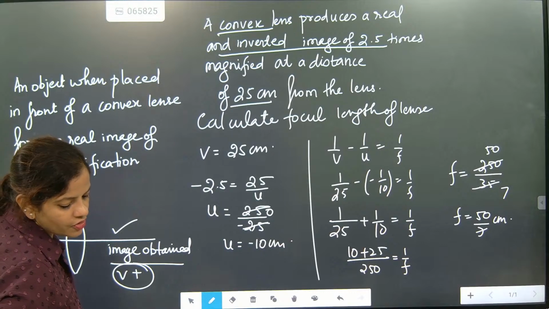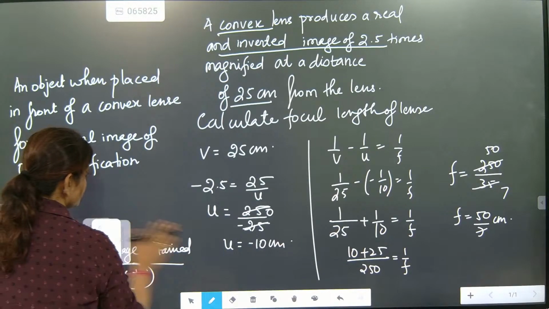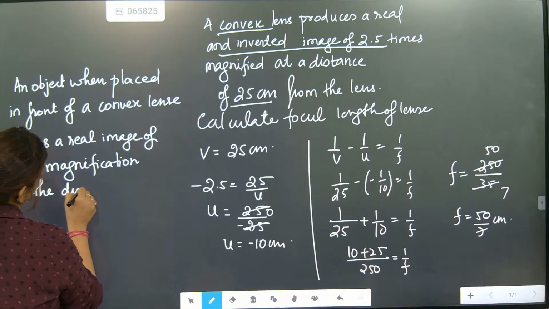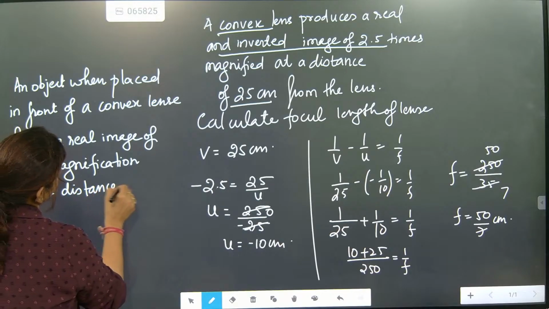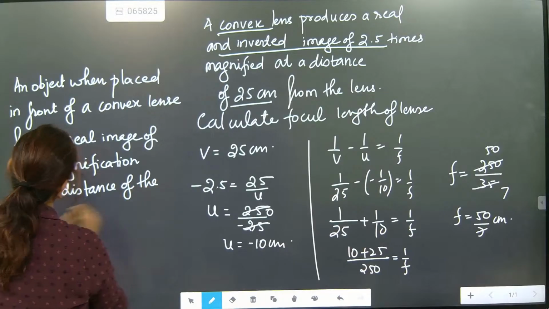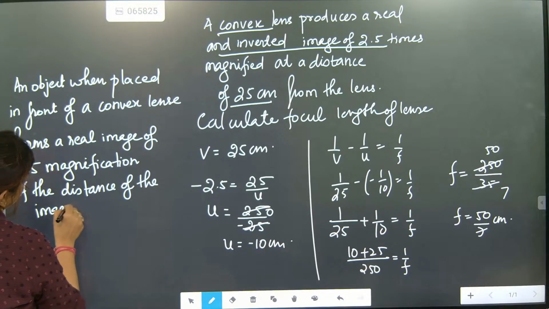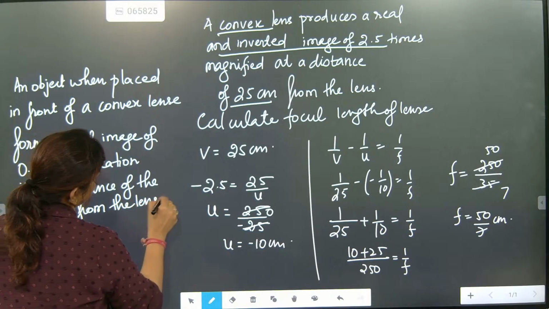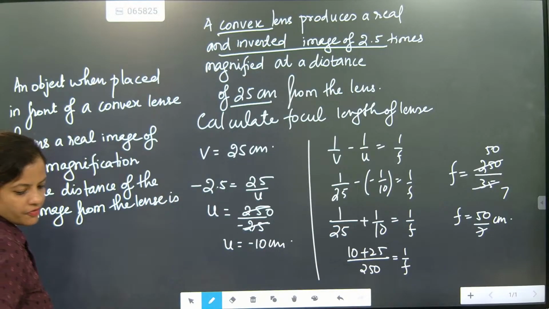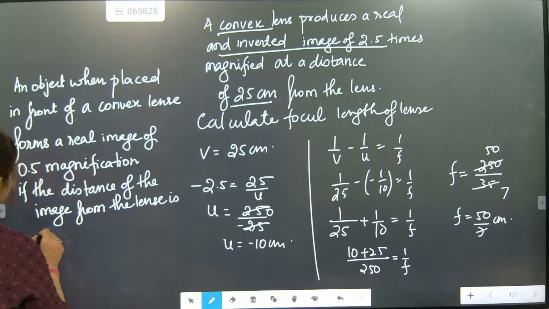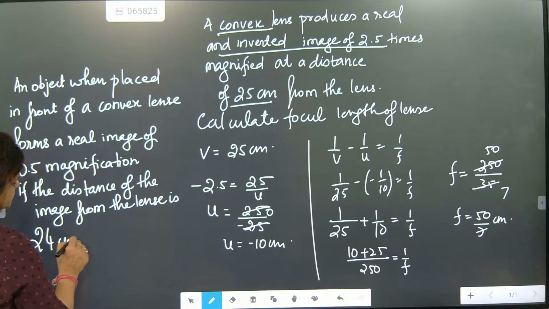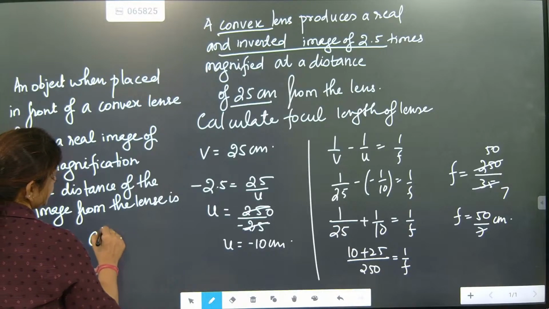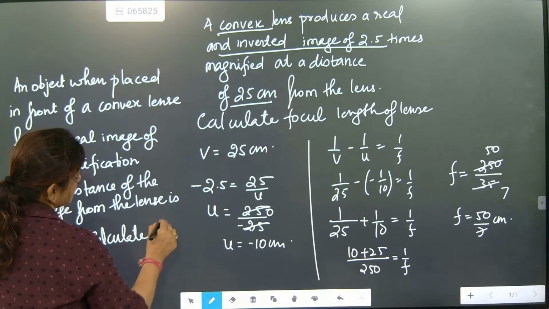If the distance of the image from the lens is 24 centimeter, calculate the focal length. Same pattern question, try everyone.